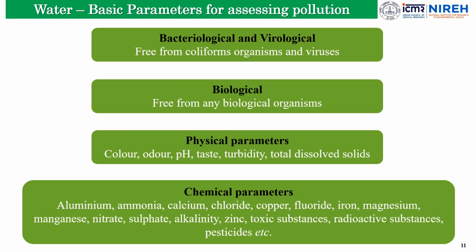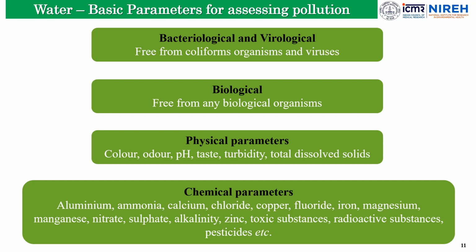The first one is the bacteriological and virological parameters. This involves the assessment of various bacteria and viruses which might be present in the water. So we have to check for those organisms in the water. Then there is biological contamination, and you must understand that biological and bacteriological and virological are two different things, right?